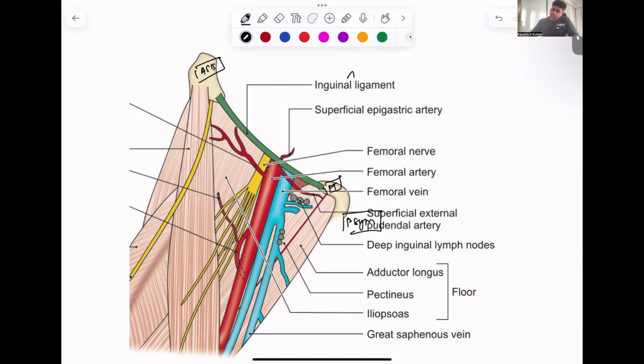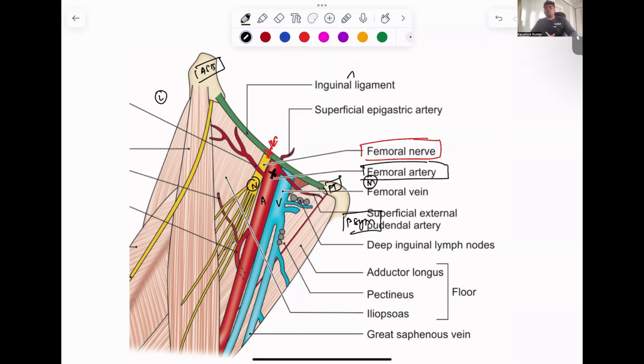We can clearly see femoral vein, femoral artery, and femoral nerve, arranged from medial to lateral, and exactly beneath the midpoint of inguinal ligament, you can see femoral nerve. And somewhere here would be mid-inguinal point where you can feel for femoral artery pulsation.